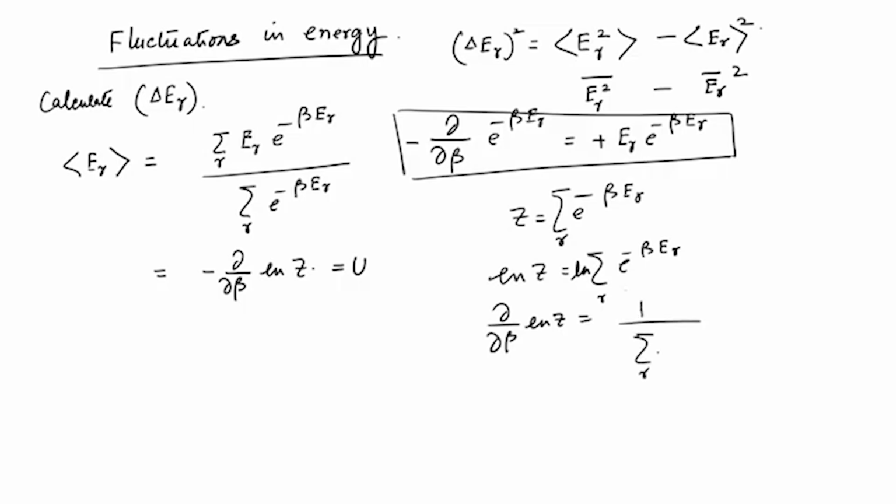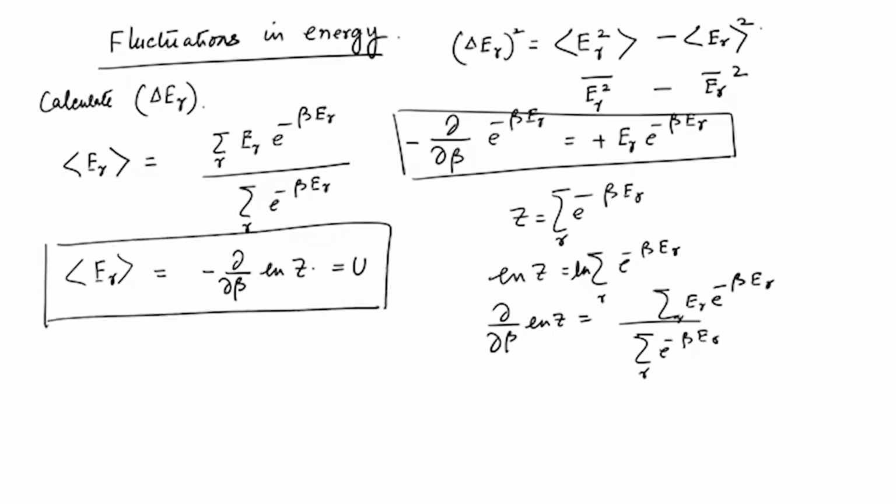There will be a term which is exponential minus beta E_r, and a sum which will have E_r exponential minus beta E_r, and that is what you exactly want. So learn this well: this is the average energy, which we call the internal energy of the system. So U is the internal energy.